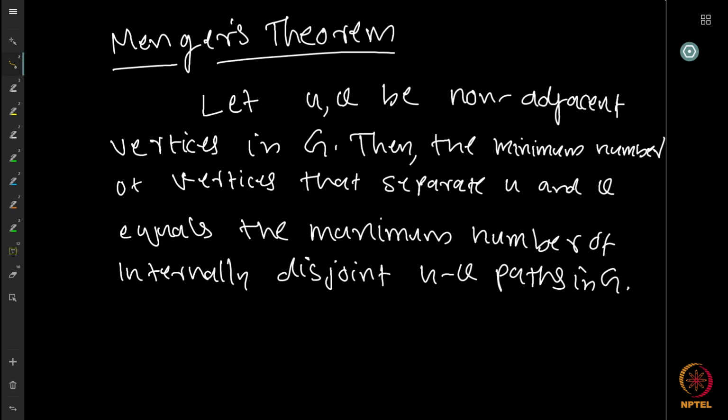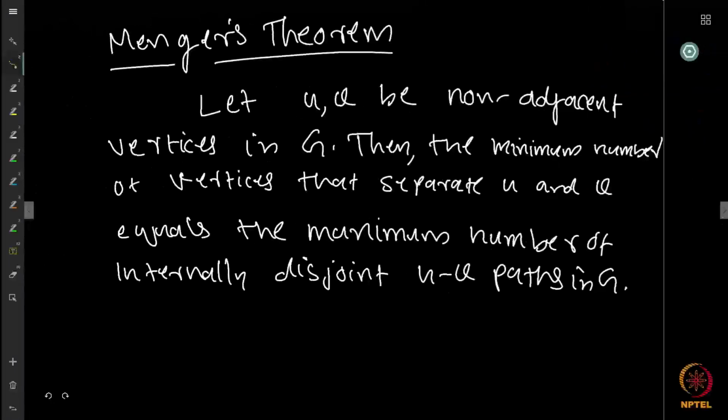That is clear, because every path contains one of these vertices, and therefore each path has at least one. Of course, you can have more, maybe, but you cannot have more than the minimum separating set, that many disjoint paths. So that is clear. But what is not immediately clear is why there should always be that many internally disjoint UV paths. So this is what we are going to prove today.